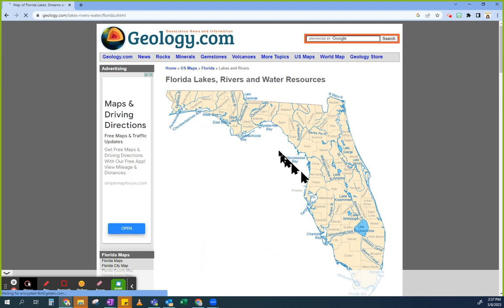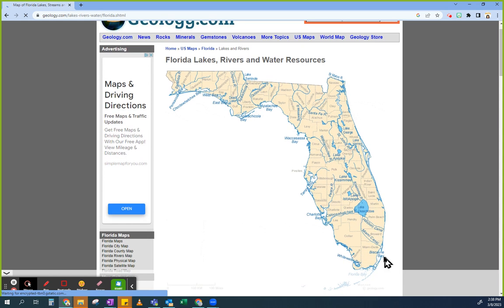I was looking originally at the county lines, I think. So notice here you have a lot of bays, and you have a lot of rivers, streams. You have lakes in there.